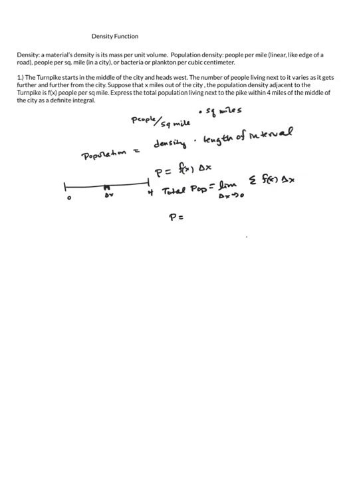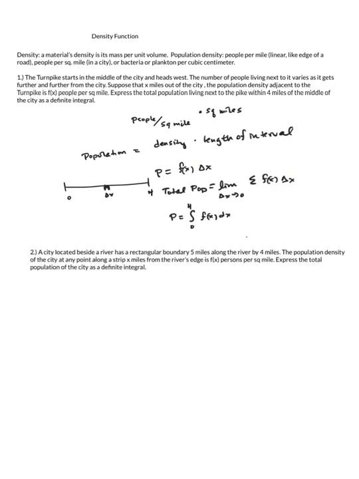So the population would be the integral from 0 to 4 of f of x dx. So that is how you would express the total population living next to the pike within 4 miles of the middle of the city.